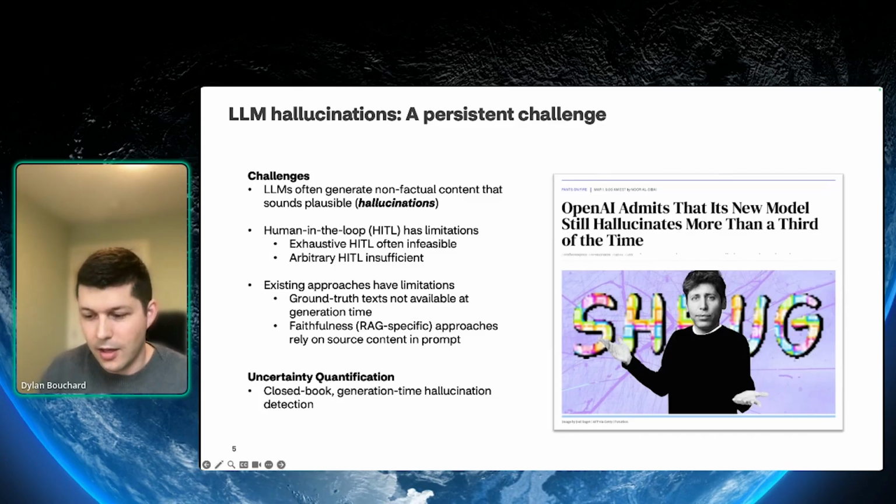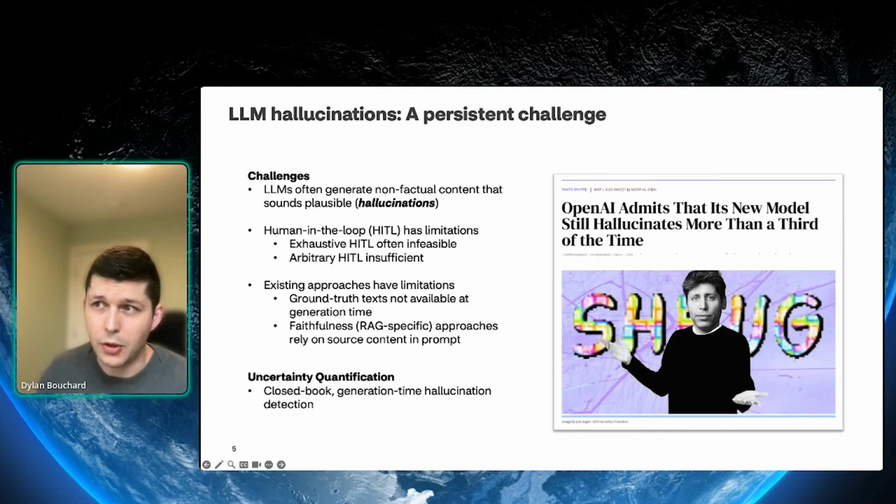In that type of human in the loop, with exhaustive fact-checking, a lot of the time we're dealing with prohibitively large use cases, with tens of thousands or even 100,000 generations, for example. It's just too large of a scale to do exhaustive human fact-checking. And for a lot of use cases, exhaustive human fact-checking kind of defeats the purpose of using the LLM.